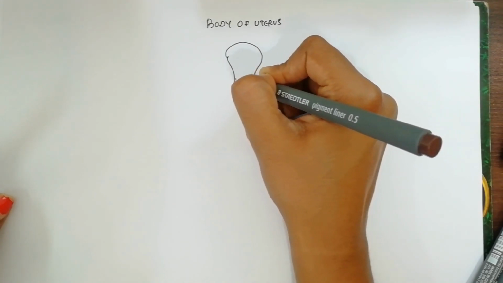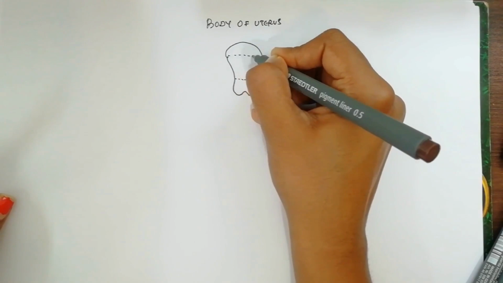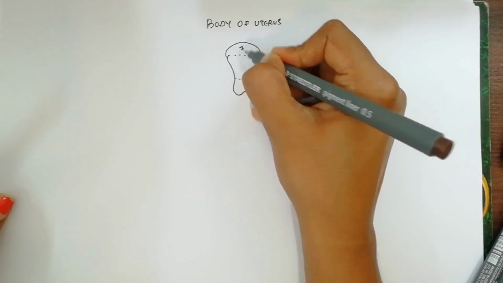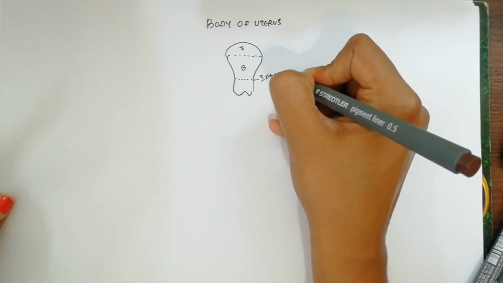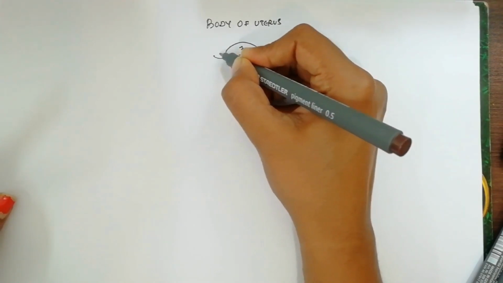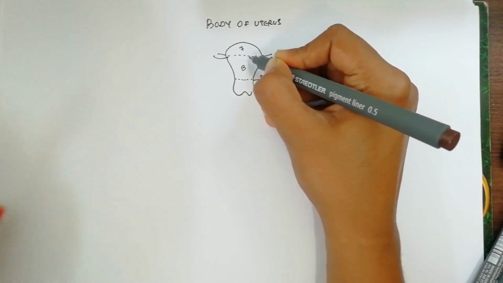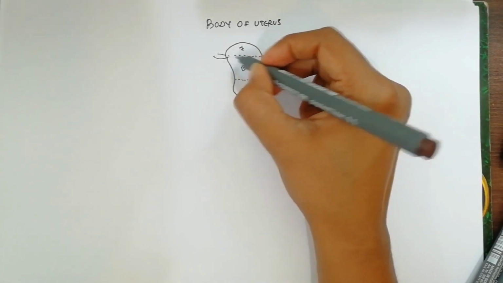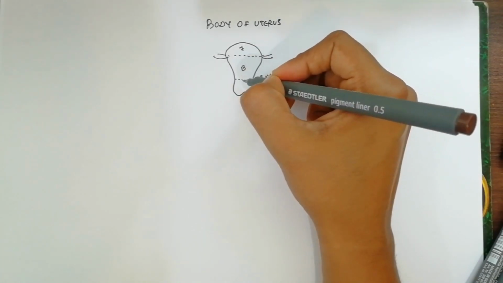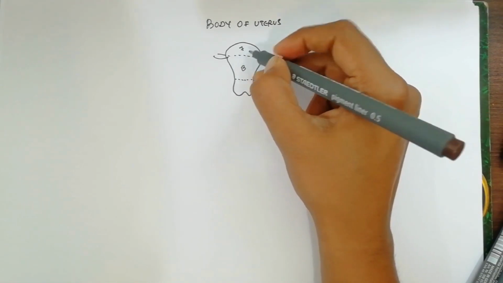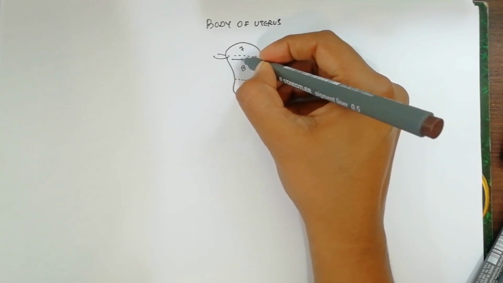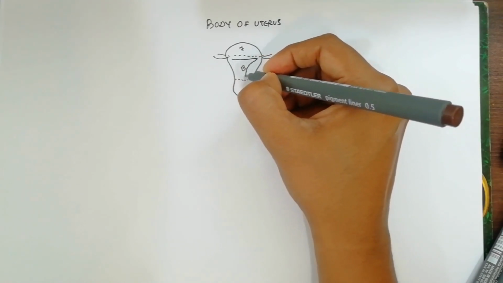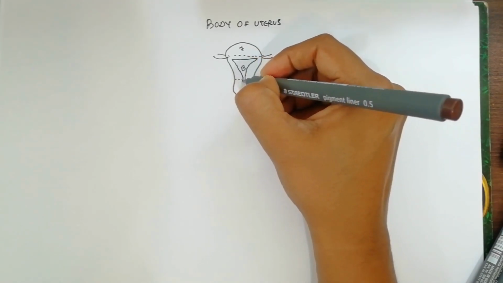This constricted area is called the isthmus; here we have the imaginary line, the fundus, this is the body, and this is the isthmus. So the location is from the imaginary line drawn between the lateral angles to the isthmus of the uterus. This is the extent of the body, and here we have a hollow cavity known as the uterine cavity.